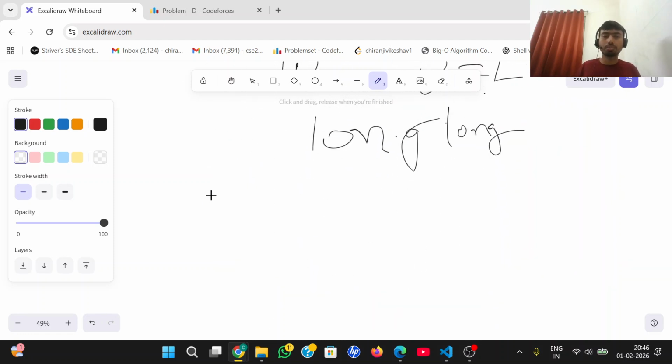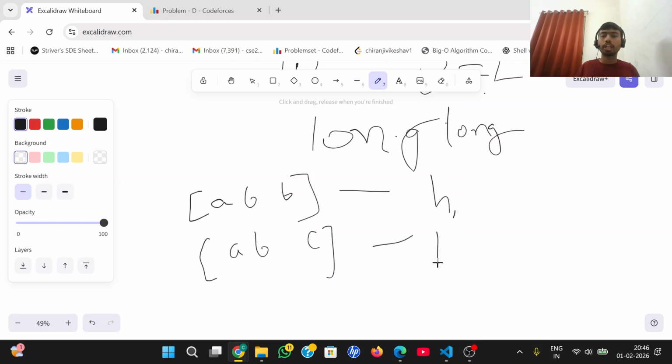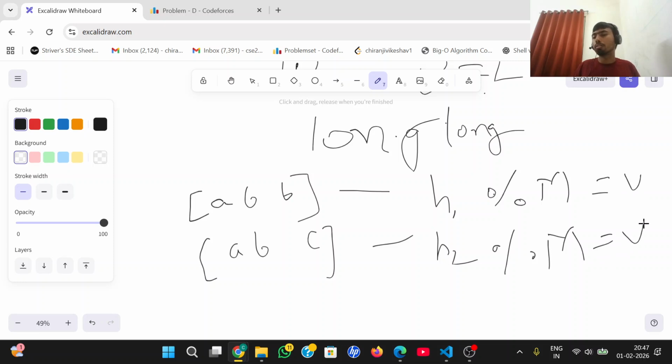Now here is the twist. Initially, if you don't do modulus, then for two different strings, you always get two different hash values, h1 and h2. But after the modulus operation, if you do modulus with m, then you might get the same final hash value.